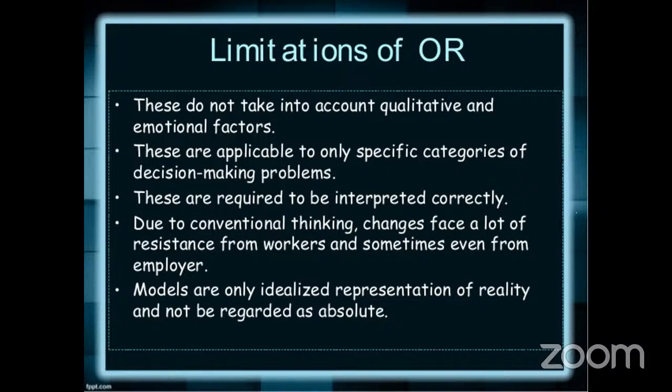Otherwise it is not possible to get the best solution. So to get a correct decision, there must be correct interpretation. That is what it says, as these are required to be interpreted correctly.